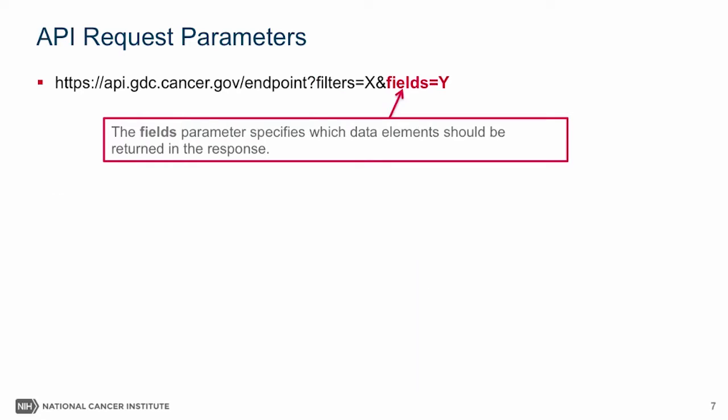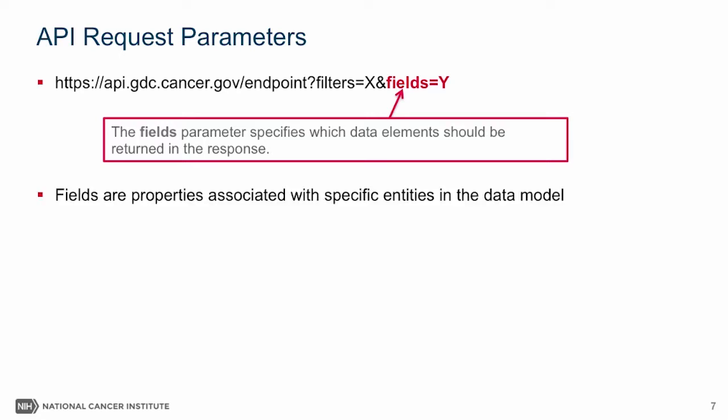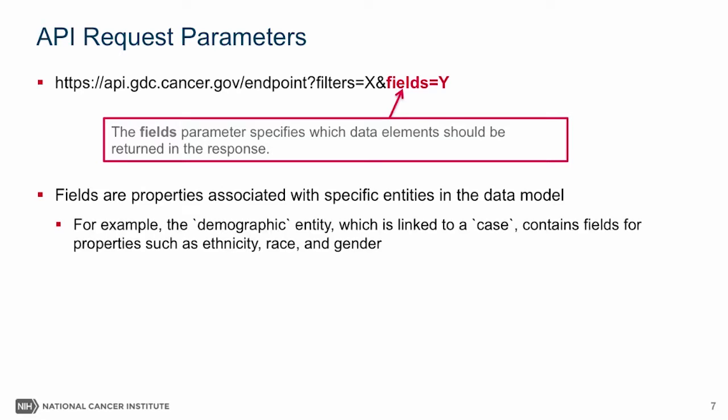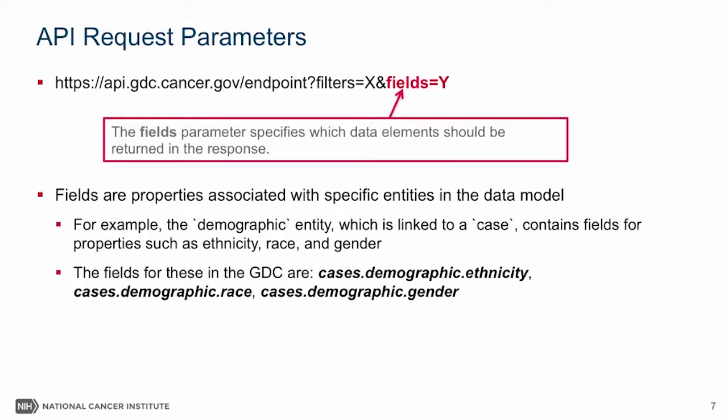The fields parameter specifies which data elements should be returned in the response. Fields are specific properties associated with entities in the data model. For example, if you wanted to return the ethnicity, race, and gender of certain cases, you could look at our data model to find out where these fields exist and pull them into the URL.